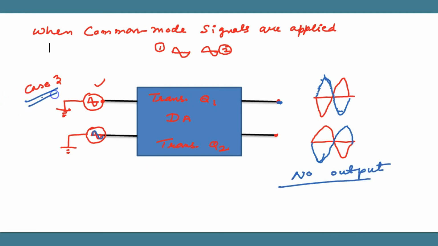So there is no output. So the result is that when the common mode signals are applied to both the inputs, the resultant will be 0 at both outputs, output number 1 and output number 2.